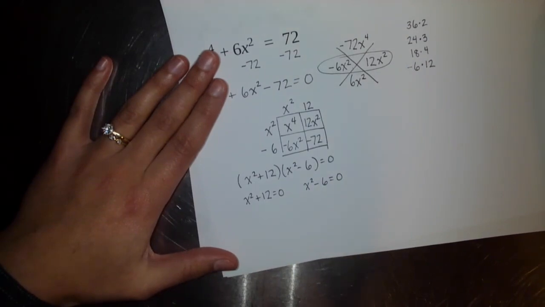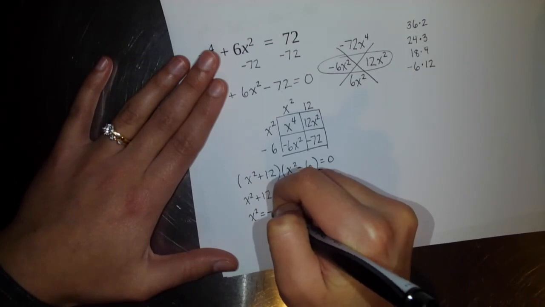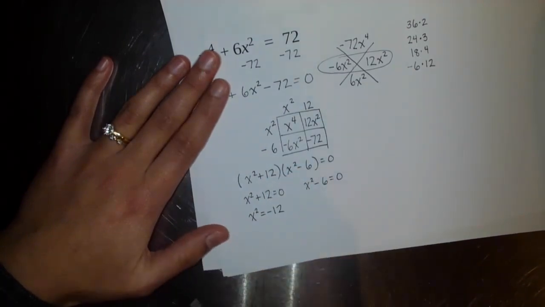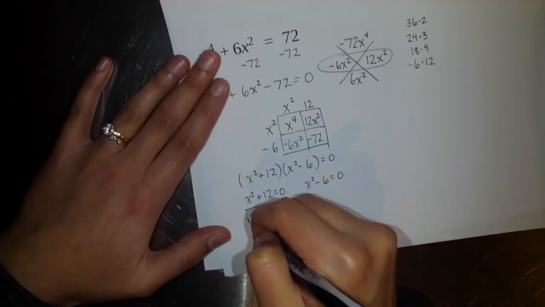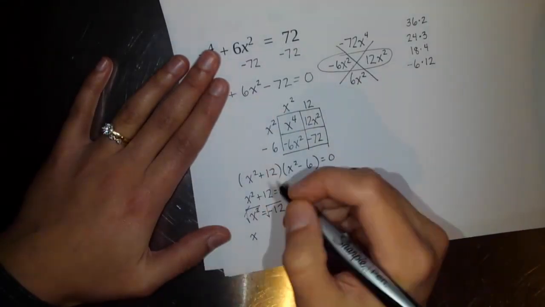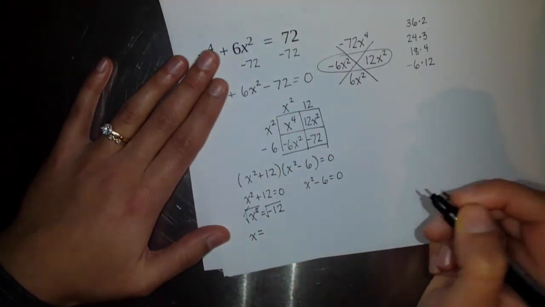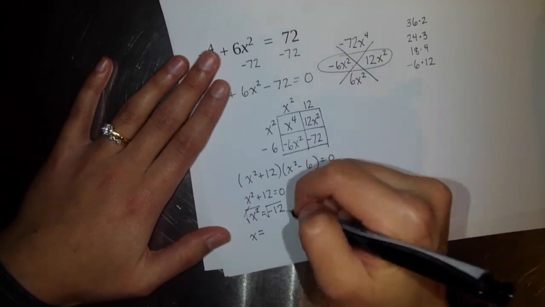Okay, solving with square roots now. I'll subtract 12 to the other side and then take the square root. So the square root cancels the square. This just becomes x. Biggest perfect square that can go into 12 is 4, right?